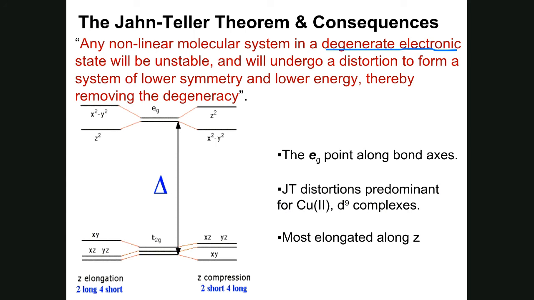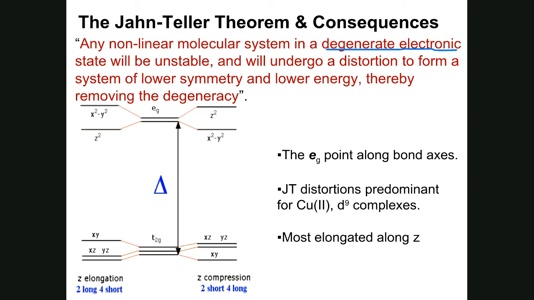So that is electronically degenerate. The electron has got a choice of going into one of them, and as a result, such a system is unstable. It cannot retain an octahedral coordination, but would minimize the energy by distorting. So it undergoes a distortion to form a system of lower symmetry.